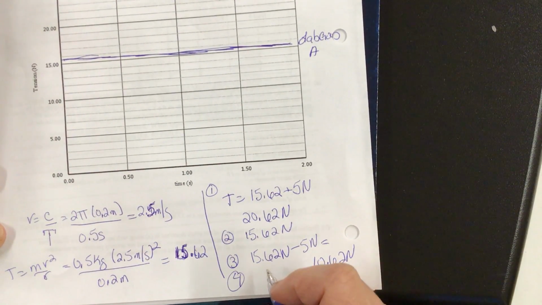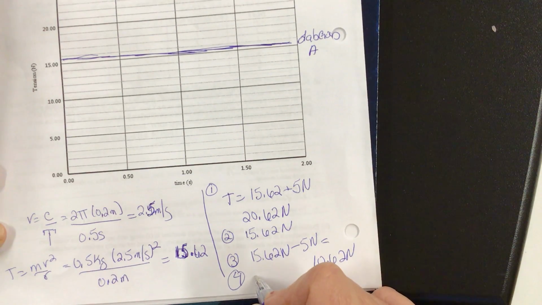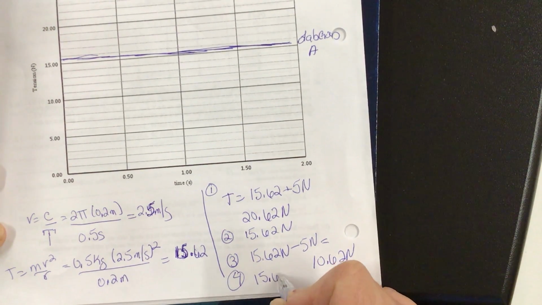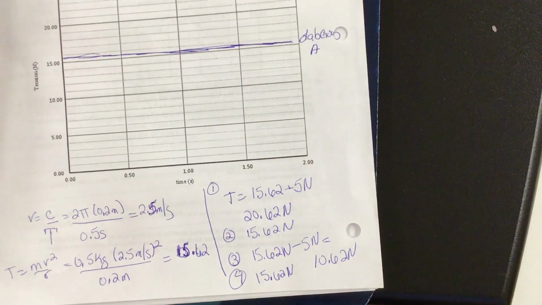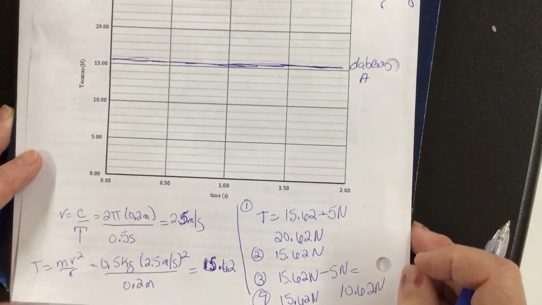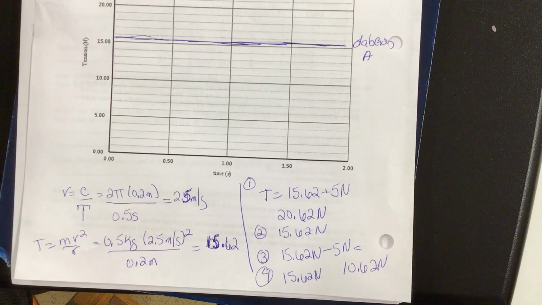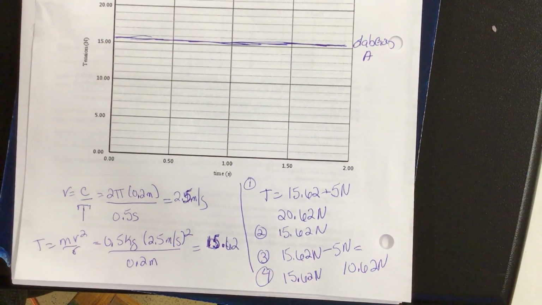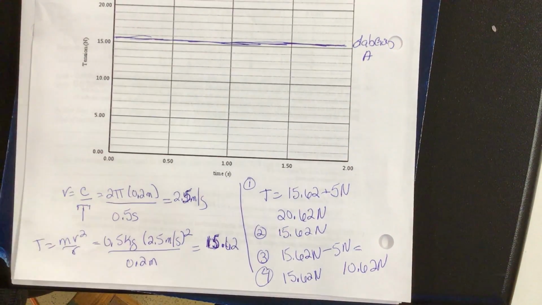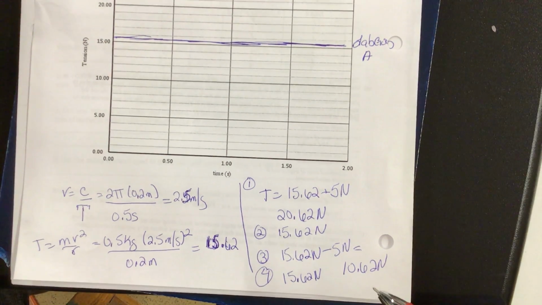There are no other forces causing centripetal motion, and that's 15.62 newtons. So for every cycle, we have 4 tensions that we have to deal with for lab group B's object. And you got to think about the fact that it's rotating every 0.5 seconds. So whenever it gets to the same position, it's 0.5 seconds later.